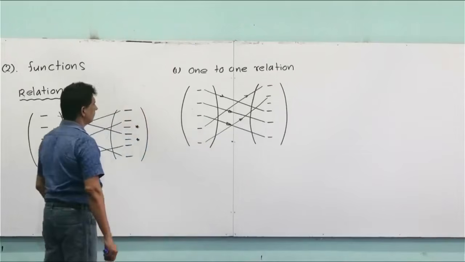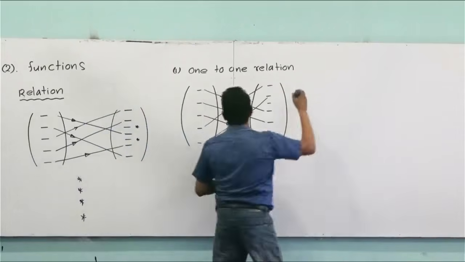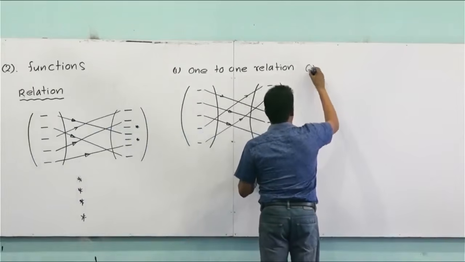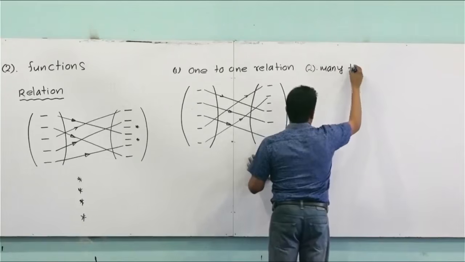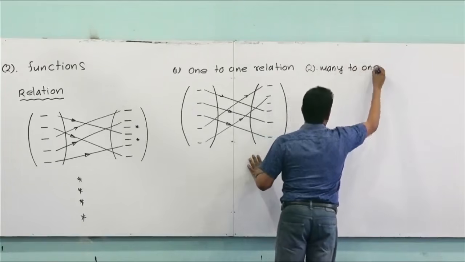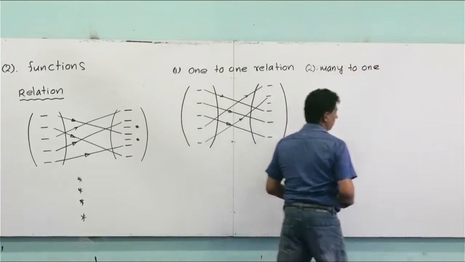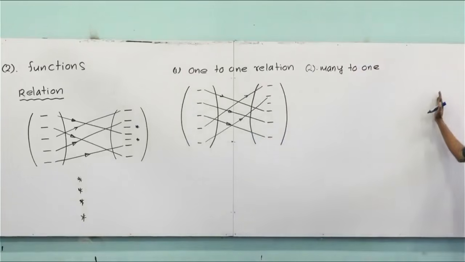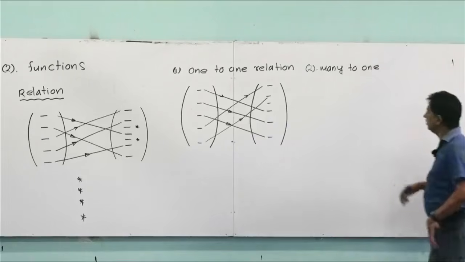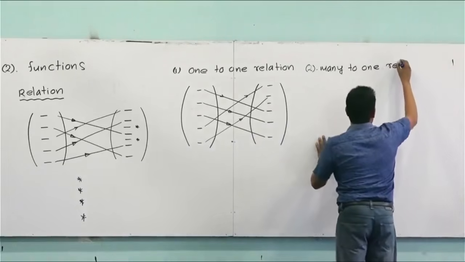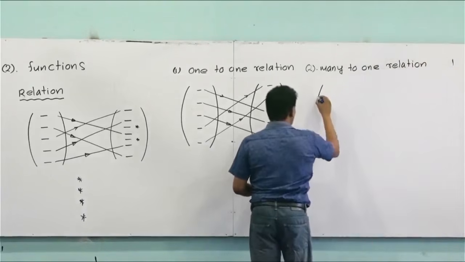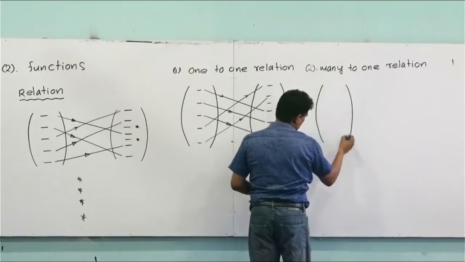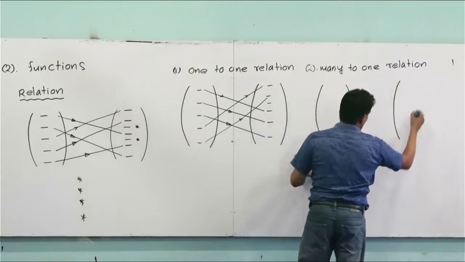Then there is the second relationship. It is called many-to-one. Many-to-one relation means this is the first set and this is the second set, right?